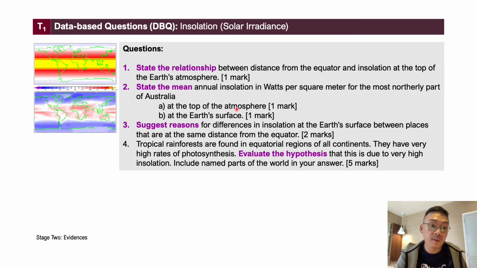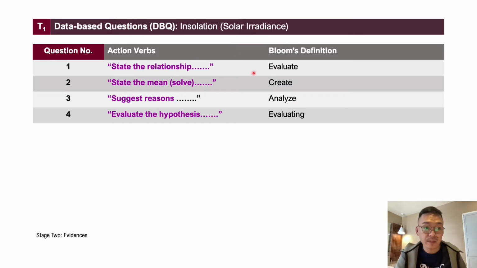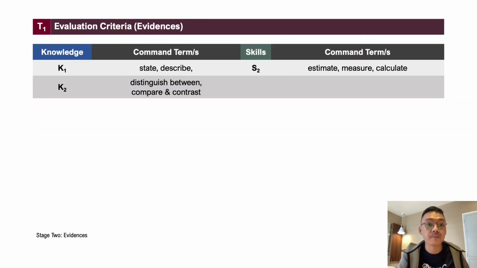On the next slide, the students will be answering these particular questions, and they are highlighted based on the verbs used according to Bloom's taxonomy. In these action verbs and the Bloom definition, it's really evident that they are looking into the analysis and creating phases of the revised Bloom's taxonomy.